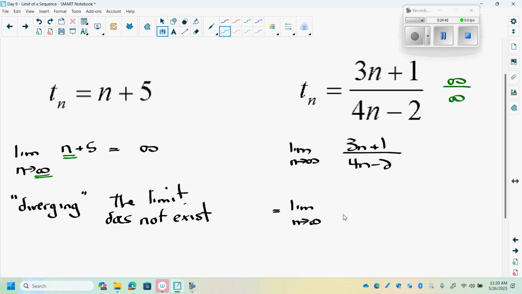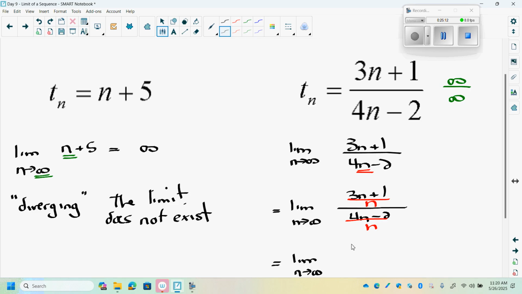I divide everything by the highest power of n present in the denominator. So what is that? Look to the bottom. I've got an n to the first. Simplifying.